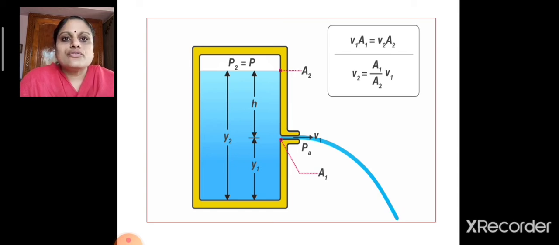Let the velocity of water flowing through the hole be V1 and let the velocity at the topmost surface of the fluid be V2. Then, according to the equation of continuity, A1 V1 must be equivalent to A2 V2, or V2 is equivalent to A1 by A2 into V1.